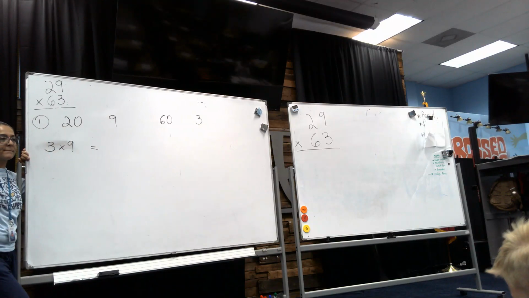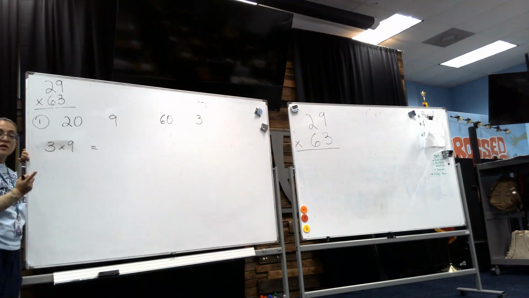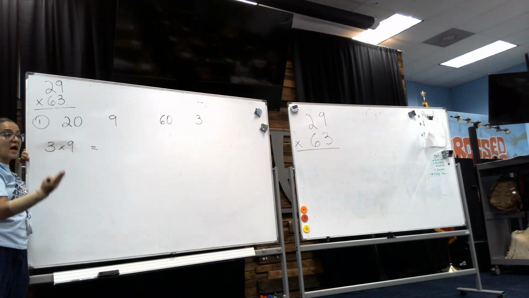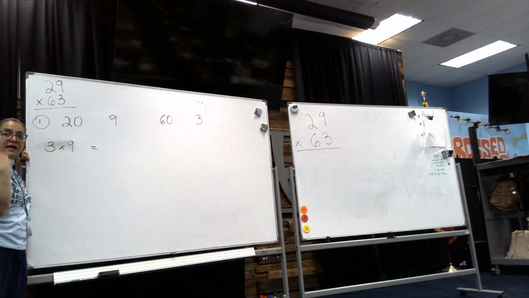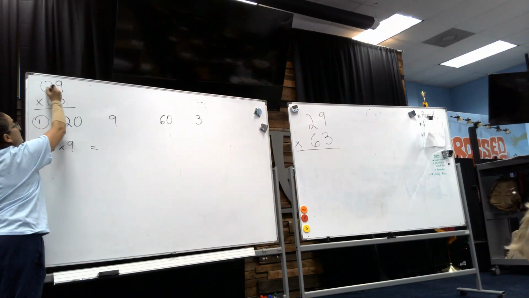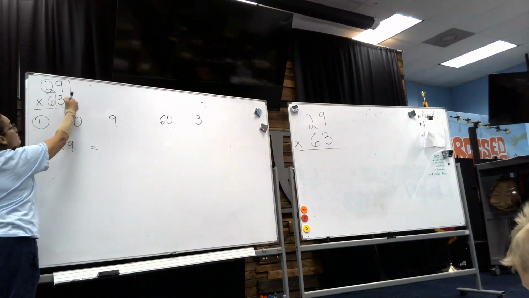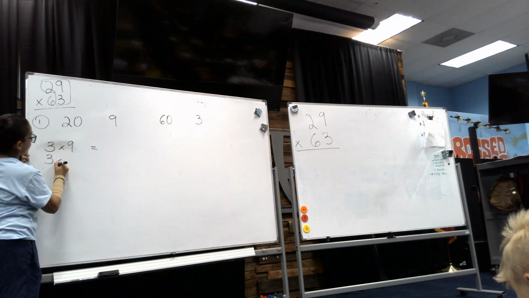Do I multiply? No. Thomas? 3 times 2, but it's not a 2. It's a 3 times what? It's a 3 times 20. Are you following? Because we did that in the last example. We're breaking this into little pieces. It's 3 times 9, but then I also have to multiply 3 times 20.